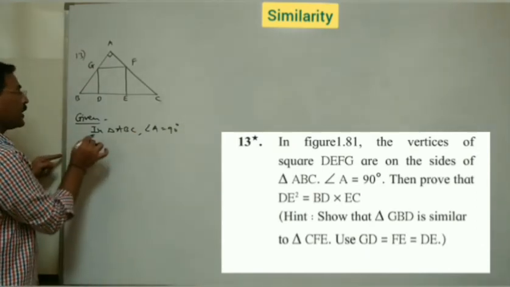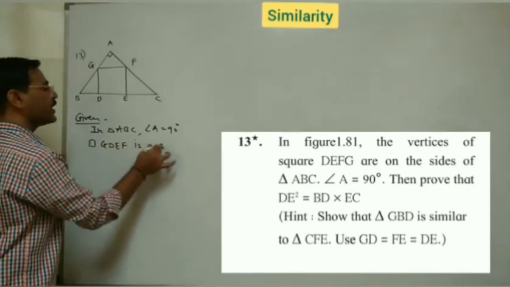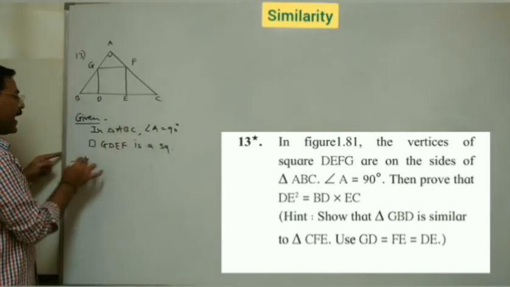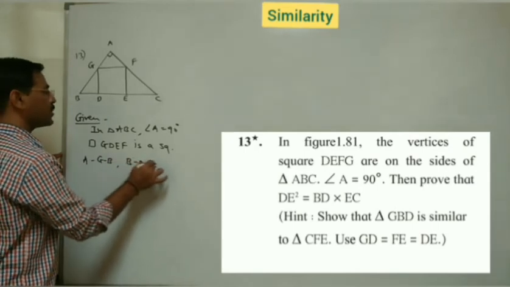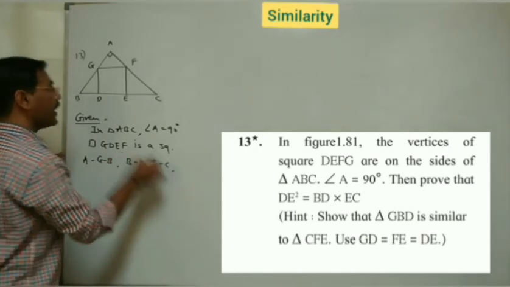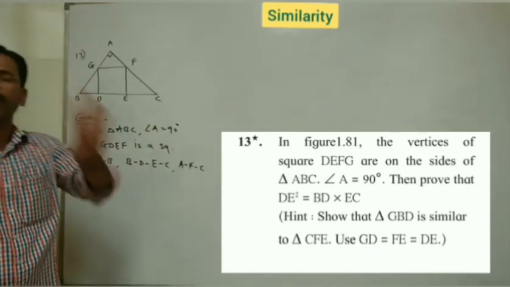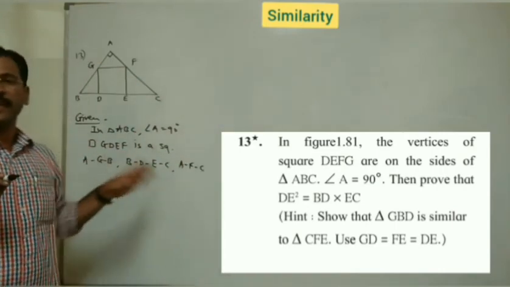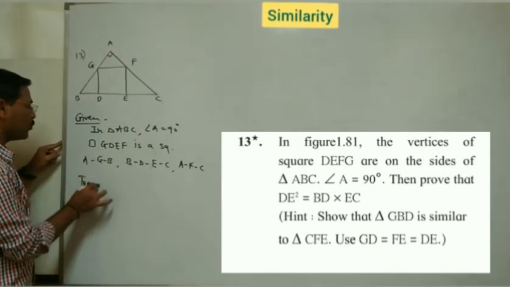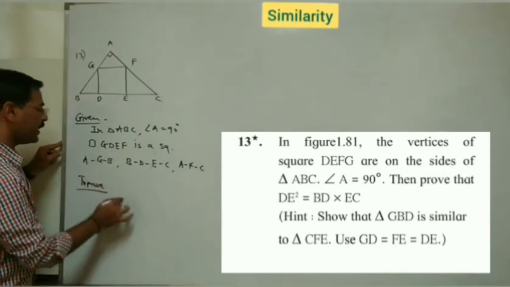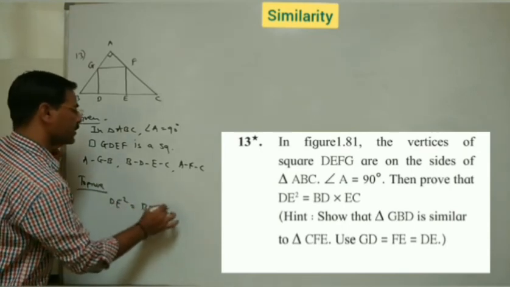Quadrilateral GDEF is a square, and A-G-B, B-D-E-C, and this side A-F-C. And the vertices of the square lie on the sides of triangle ABC as shown in the figure. So from all this information, we have to prove what? DE square is equal to BD into EC.